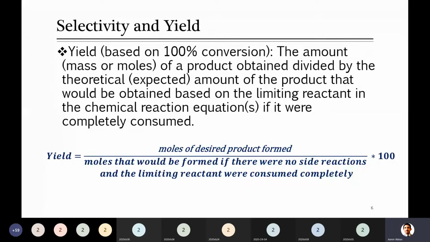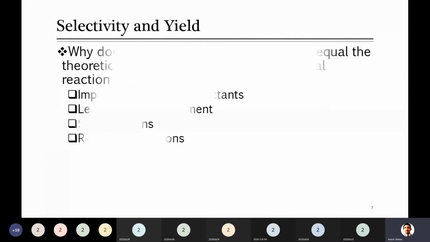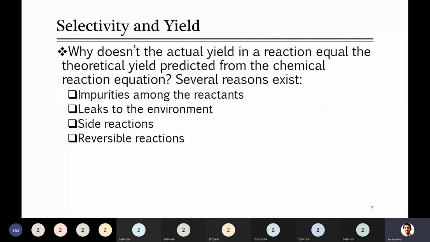And if 80 are produced, but maximum were supposed to be produced 100 because the reactant was 100 mole, then in that case it is 80%. So that is not equal to the maximum amount. And then we discussed the various reasons why it is not equal to the maximum amount.